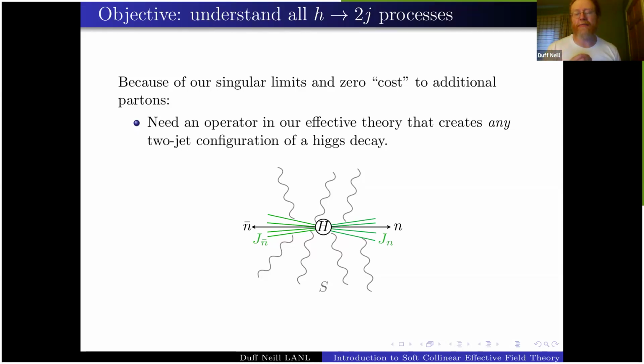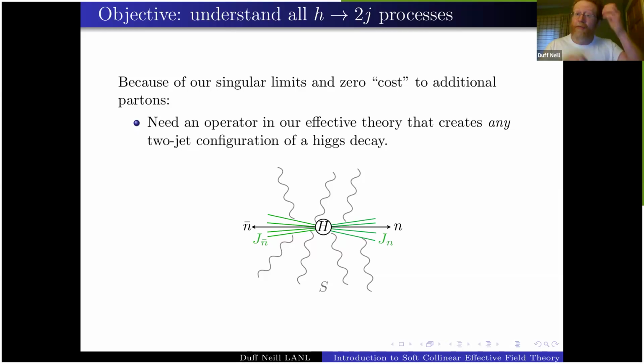People have tried to make this into a more rigorous algorithmic type of calculation. And in particular, there's something that's very much related to effective theories called the method of regions that people use for calculating loop amplitudes. And in the method of regions, you do a very similar analysis to what you do in an effective theory.